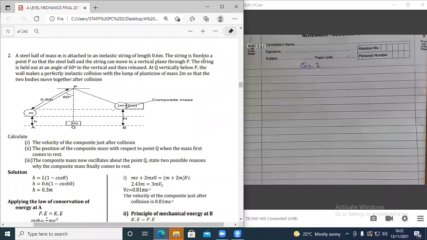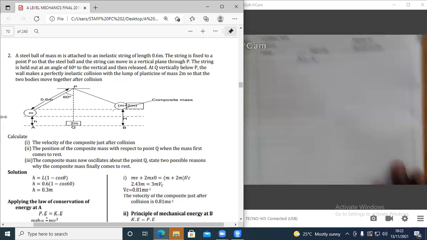The string is fixed to a point P so that the steel ball and the string can move in the vertical plane through P. The string is held out at an angle of 60 degrees to the vertical, that's the angle of the swing, and then released. At the point Q below, the ball makes a perfectly inelastic collision with a lump of plasticine of mass 2m, so that the two bodies move together after collision.